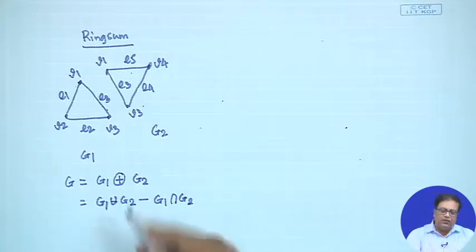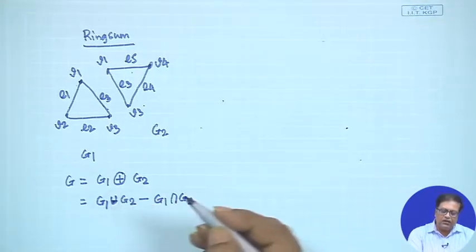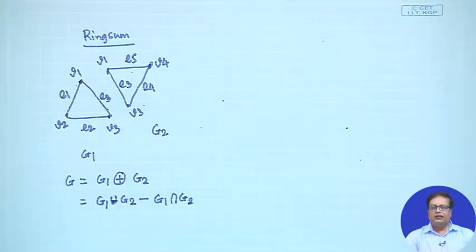Both the union and intersection operations that we just learnt are required. One portion you make the union, the other portion you do the intersection, and take out the intersecting portion from the union.